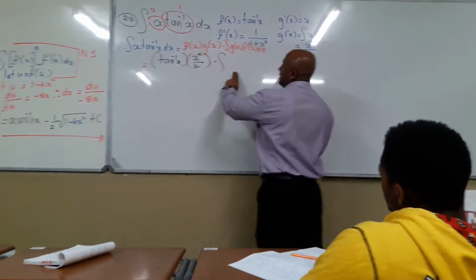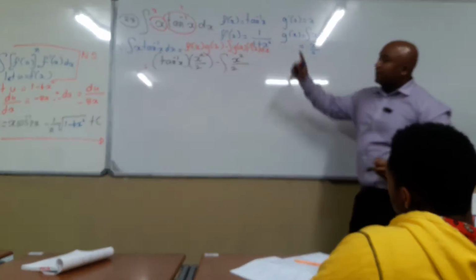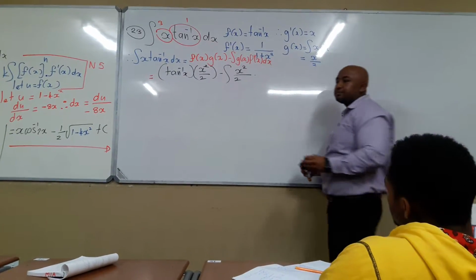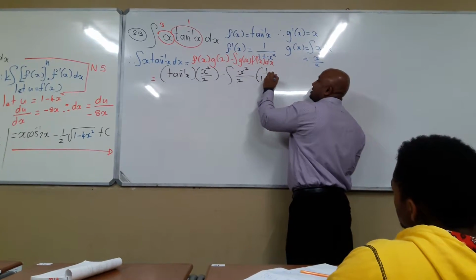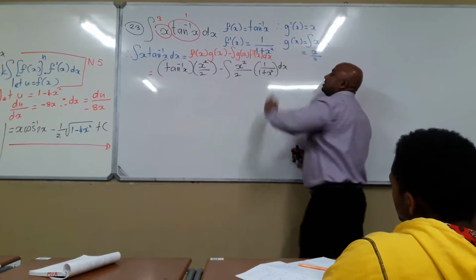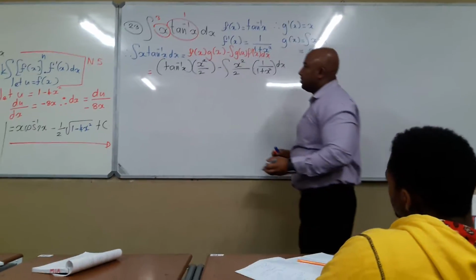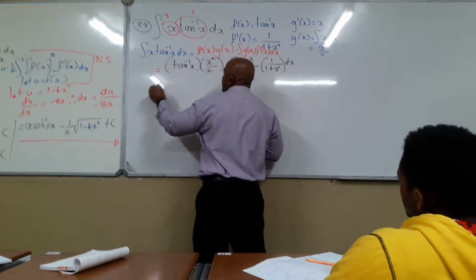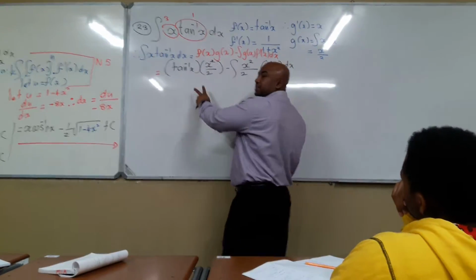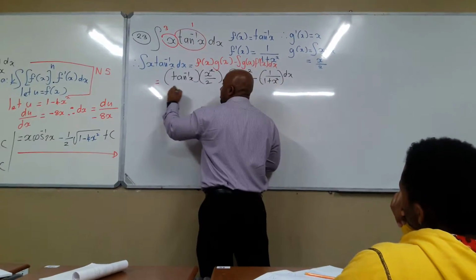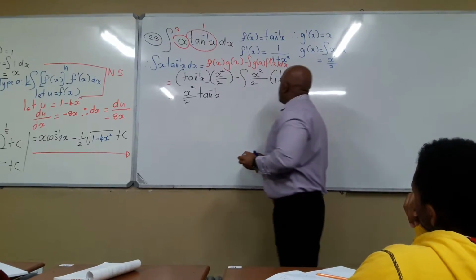You copy down the same thing here, so that is x squared over 2, and then your f prime x is 1 over 1 plus x squared. So we substitute. Let's see what we can simplify. So this you can leave it as it is, or you can just swap it. Doesn't make a difference, it's multiplication. So that's going to be x squared over 2 inverse tan of x.